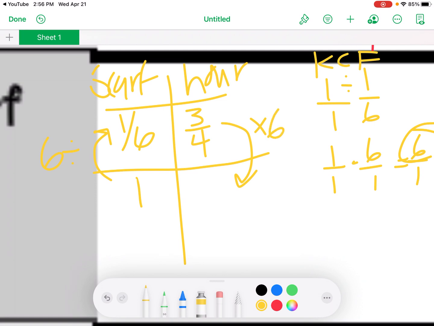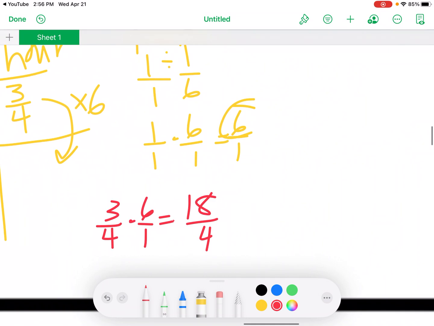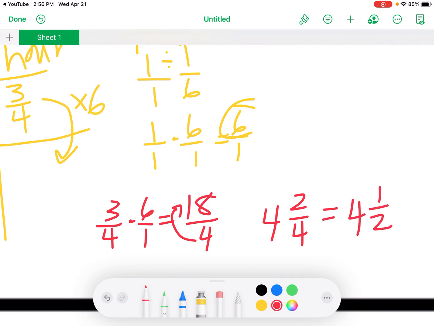So I divide by 6, so I'm going to multiply by 6. Now I have 3/4 times 6 over 1. I get 18 over 4. Then I have to think, 4 goes into 18 4 times with 2/4 left over. And if I want to reduce that further, I can say 4 1/2.